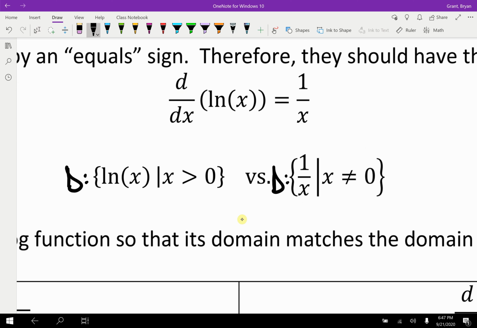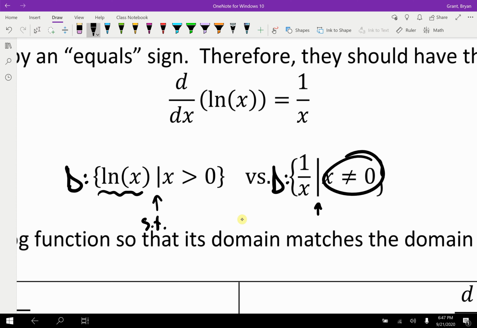The domain of natural log of x is such that x must be, this is our such that symbol, such that x must be greater than 0. That tells us in natural log we are only allowed to use x's that are greater than 0. However, our domain of the rational parent function 1 over x is such that x's cannot be equal to 0.